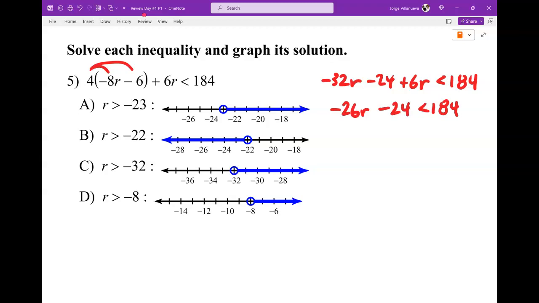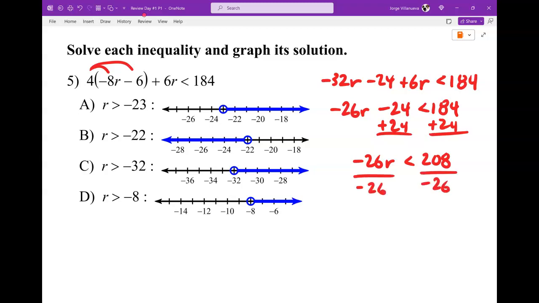I'll add 24 to both sides. Just going to show it here. So negative 26r, that's 208. Is that right? 10, 208, yeah. So now we're going to divide, okay? But I'm dividing both sides by a negative.